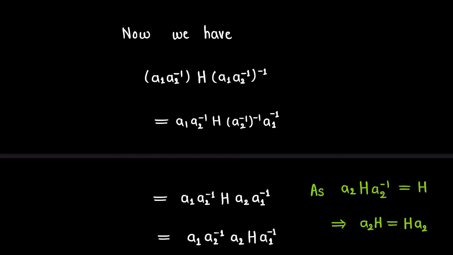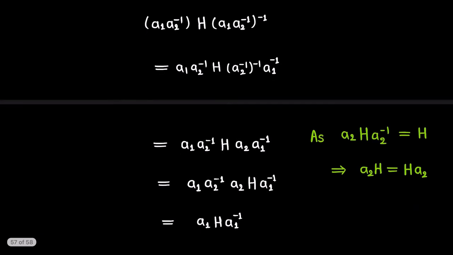Now in the next step, (a1 a2⁻¹) H will remain as it is, and (a1 a2⁻¹)⁻¹ can be written as (a2⁻¹)⁻¹ a1⁻¹. This follows from the socks-shoes property. Now in the next step, (a2⁻¹)⁻¹ will be just a2. So we get this.